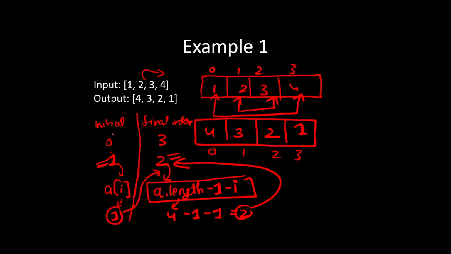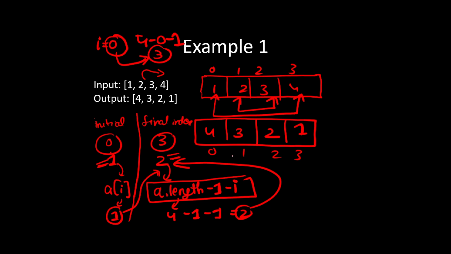Similarly for 0 and 3: if the initial is 0, the index with which you have to swap will be a.length, which is 4, minus i which is 0, minus 1. So it will be 3. As you can see, the index 0 element will be swapped with the index 3 element.